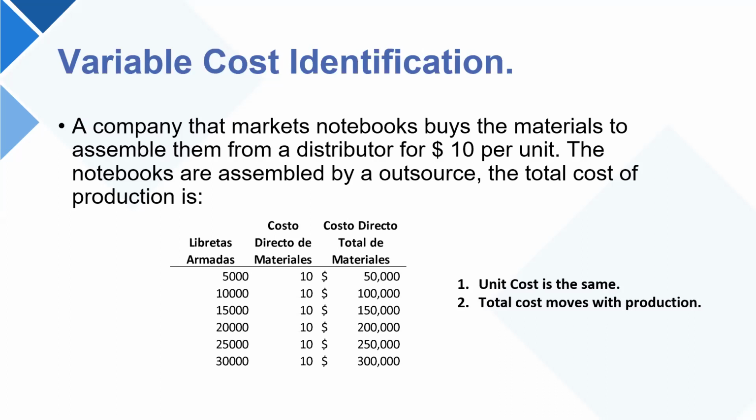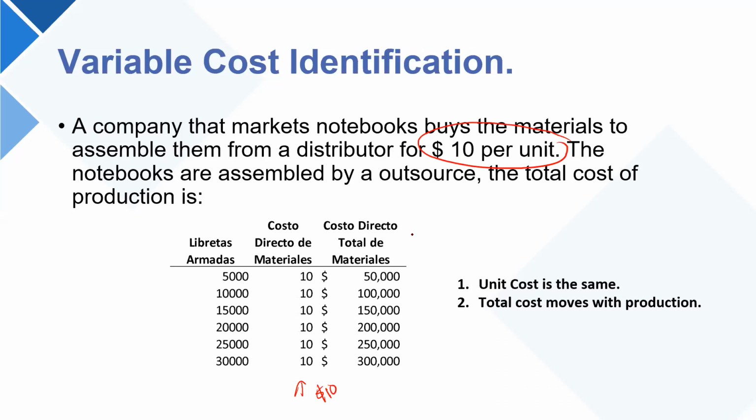The notebooks are assembled by an outsourced facility, and the total cost of production is as follows. As you can see, the direct cost of each period is always 10. Why is it always 10? Because that's the price you have per unit of variable cost.